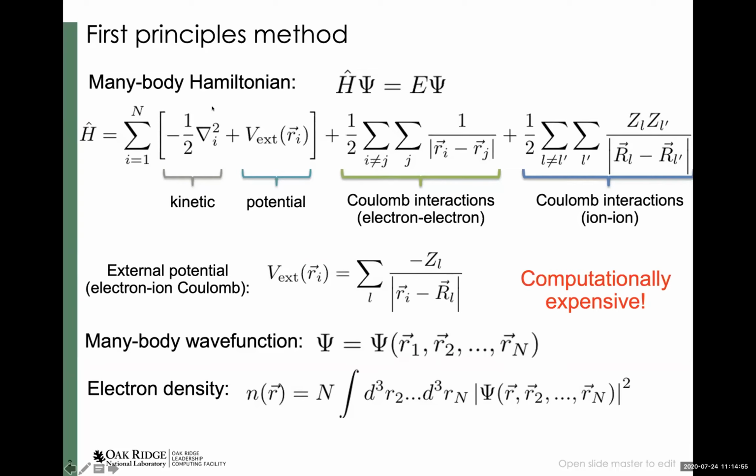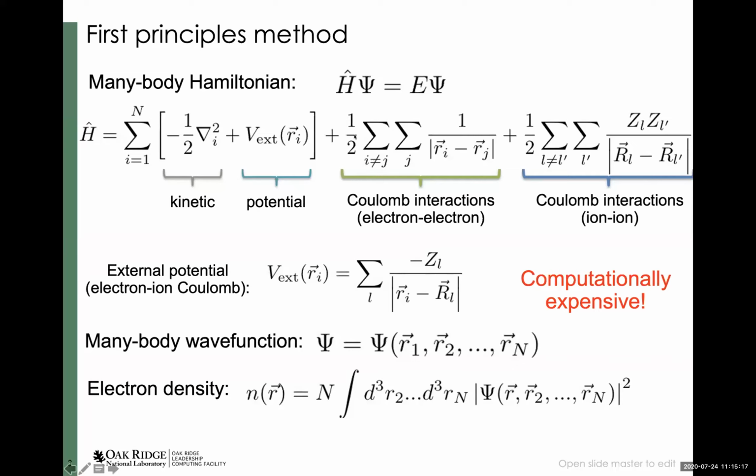In the Hamiltonian we have the kinetic energy of the electrons, and an external potential that is actually the atomic nuclei, that form the field within which the electrons move.